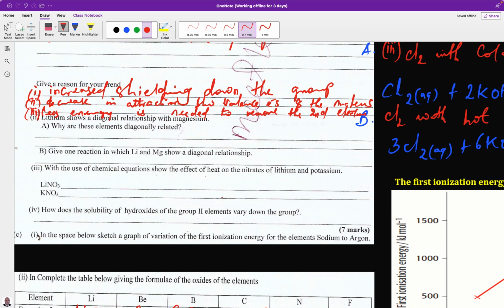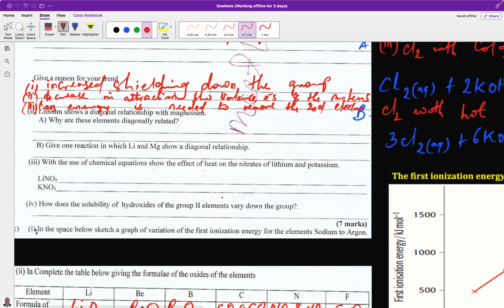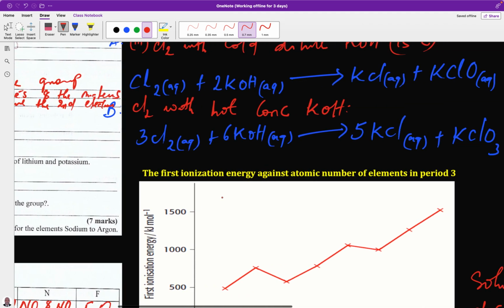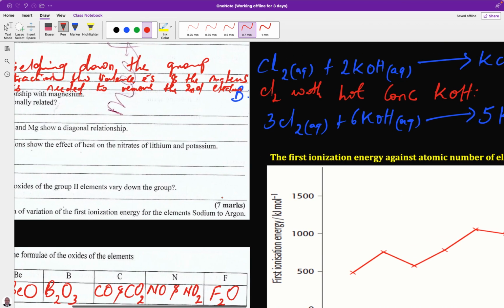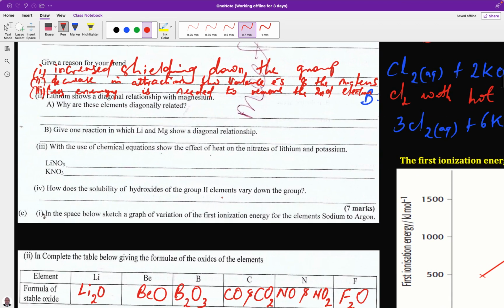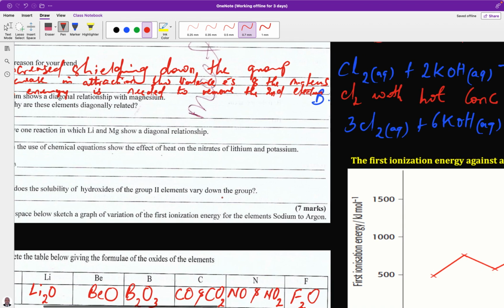It went further to say, give one reaction in which lithium and magnesium show a diagonal relationship. Because you know that they have a diagonal relationship physically and chemically. Physically in their identical ionic size, and chemically they react.